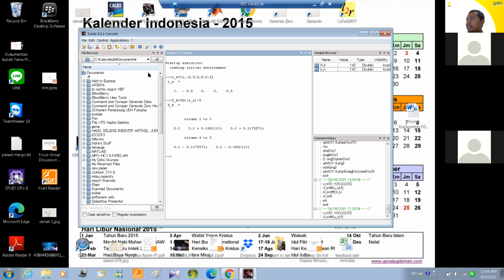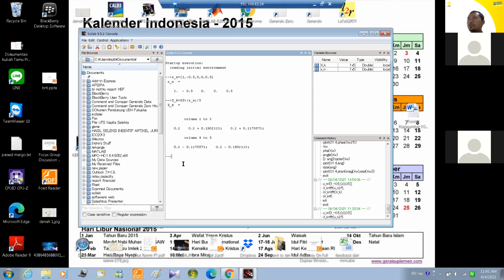This is really the signal in the frequency domain. You can see 0.2, this is a complex number actually.